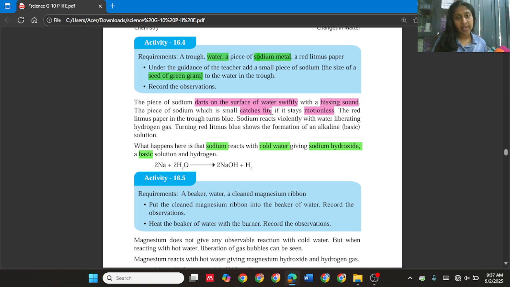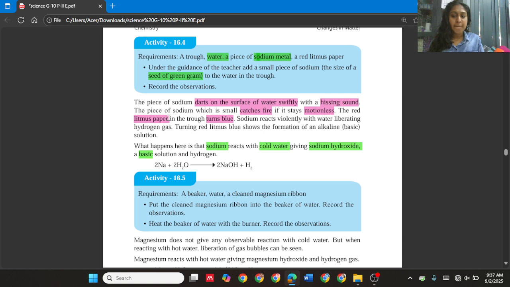And what happened to the red litmus paper? It turns blue. These are the three observations we get here. Sodium reacts violently with water, liberating hydrogen gas. Turning red litmus blue shows the formation of an alkaline or basic solution. I think you get this part.